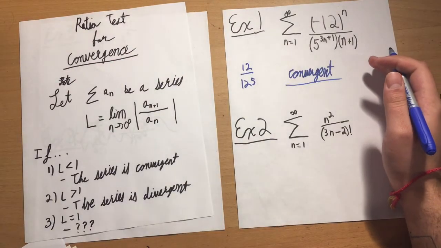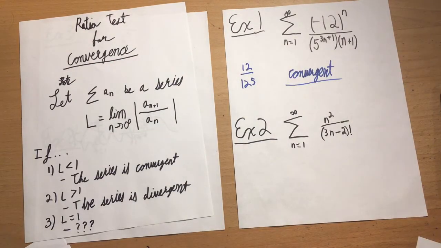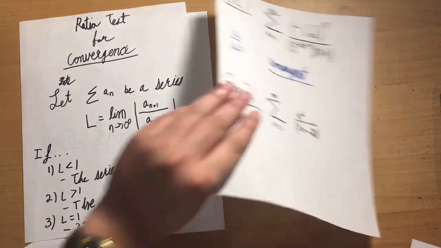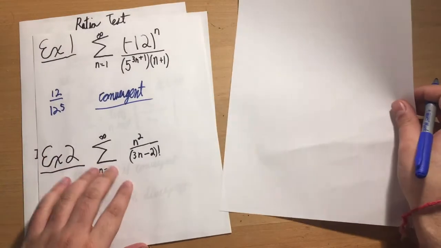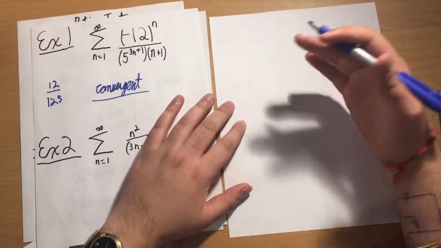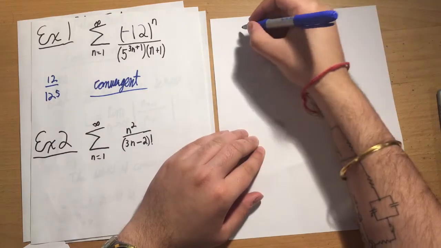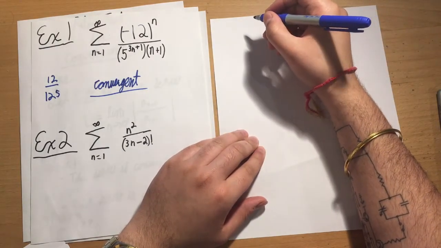So now let's look at our next example. We have the infinite series of n squared over 3n minus 2 factorial. I'm immediately just going to go, rather than writing it in this form, straight into multiplying by the reciprocal, right? So my first component is going to be the n plus 1 component.